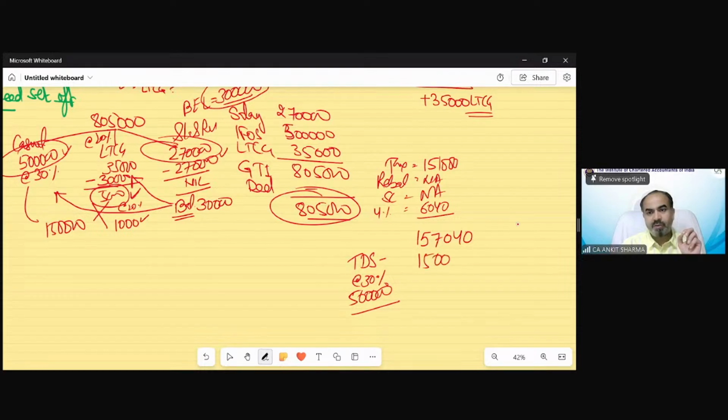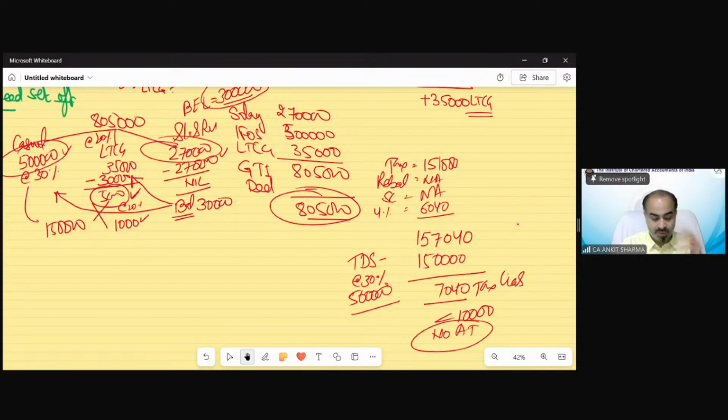So 1,50,000 would be your TDS, which has already been deducted. 7,040 is your tax liability. And because it's less than 10,000, there is no advance tax requirement. The question was also asking what should be the advance tax liability in this case. So the answer is there would not be any advance tax in these cases.